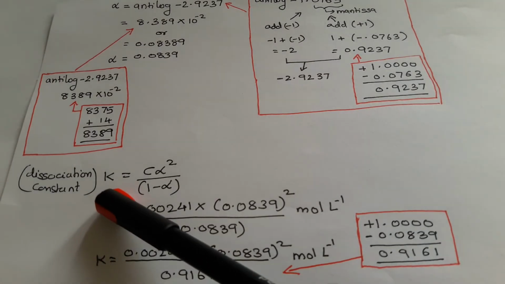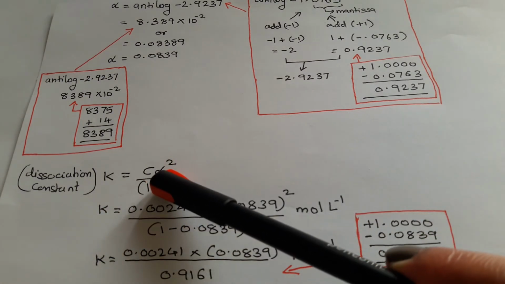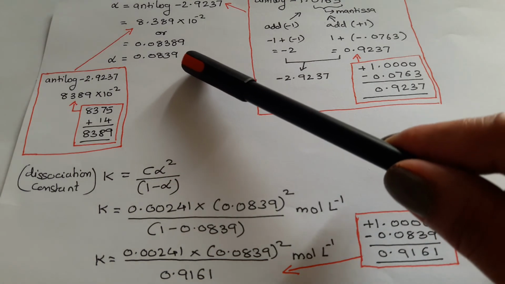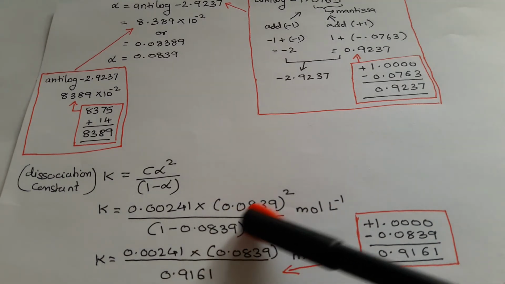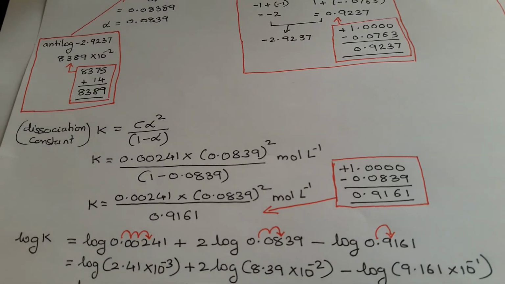Now we find the value for K using this formula. We have the value of C already in the numerical, and alpha we have just now found. We substitute these values and then we solve it using log, and therefore we write log of K is equal to log of 0.00241.